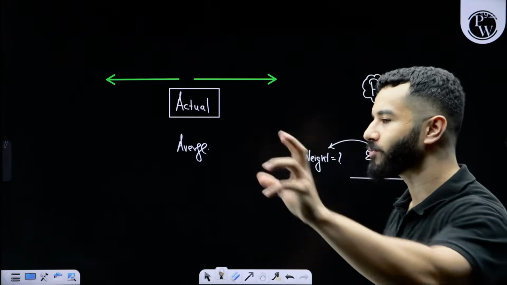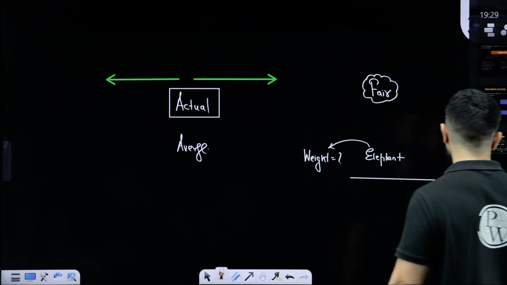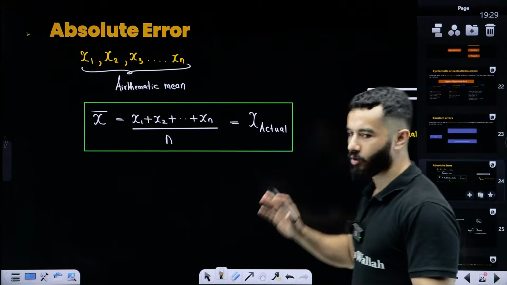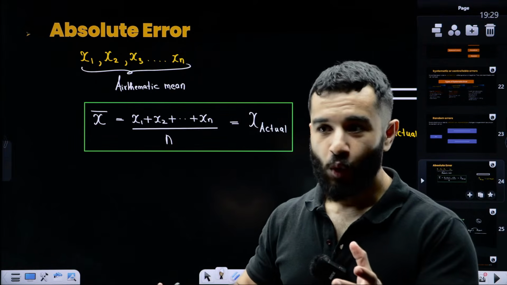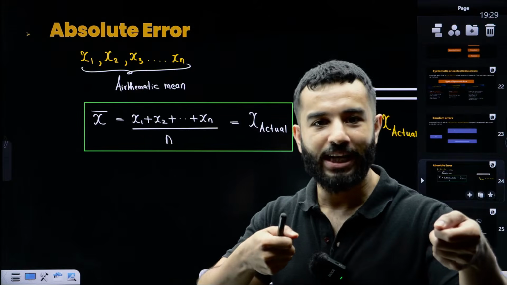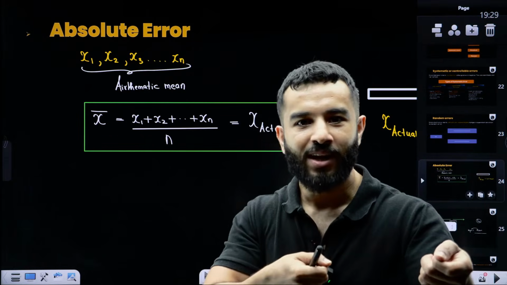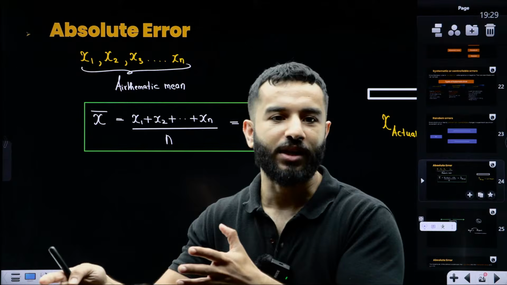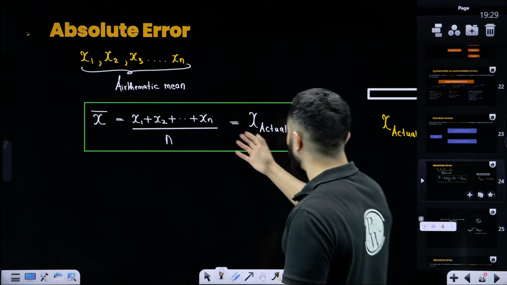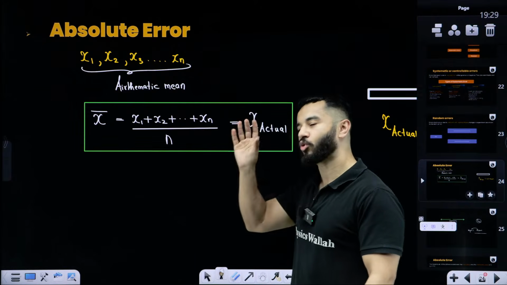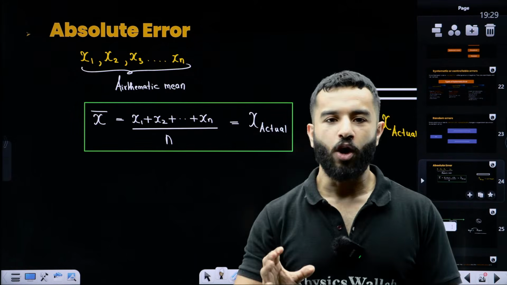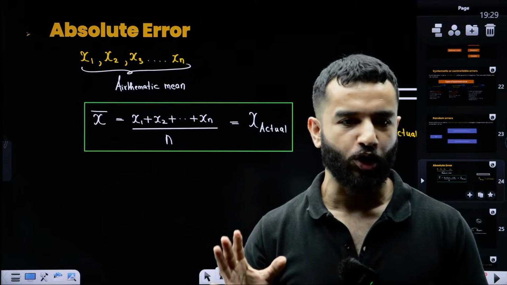Not exactly, but very close to the actual value. So this is exactly what we are trying to do over here. Now we are not actually guessing. We have a measuring instrument, we measure, and then we take the average. So when you take the average of these measured values, you can say this is going to be exactly or nearly close to the actual answer.